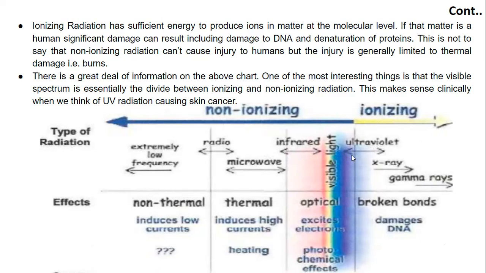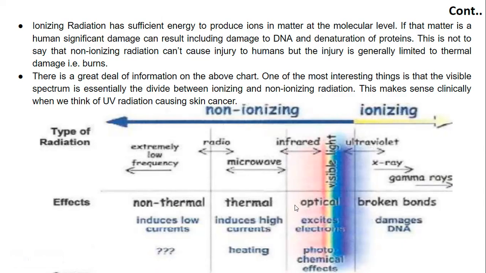However, the long wavelength end of ultraviolet lies in the non-ionizing category, and from this to the other end of the electromagnetic spectrum, which is radio waves and microwaves, they all lie in the non-ionizing type of radiations, including infrared, microwave, radio wave, and extremely low frequency or long wavelength rays.